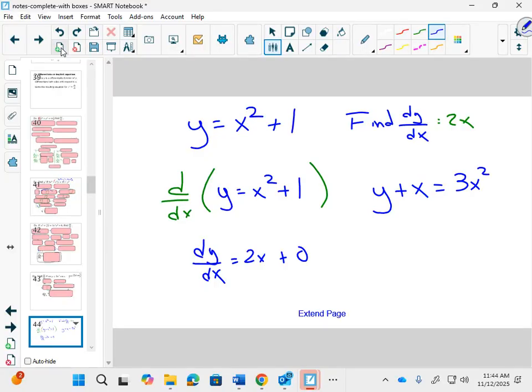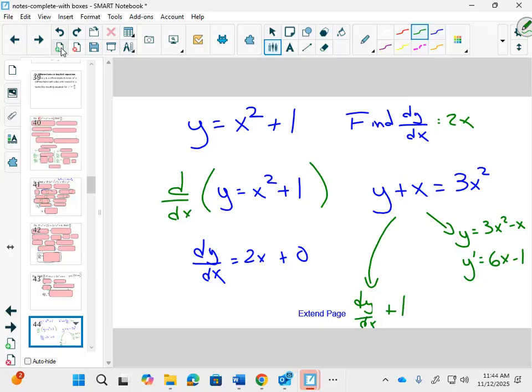But if you wanted to find the derivative of this one in the old way, you would have to first get y by itself, right? Six x minus 1. If I want to find it the new way, derivative of y, dy dx. Derivative of x, 1.